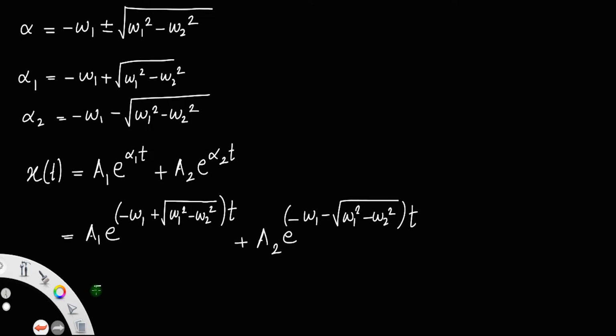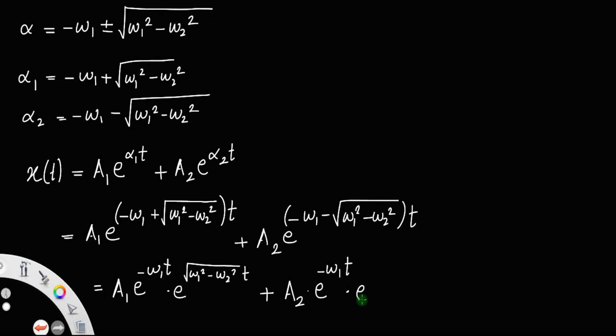Clear. So this can be written as a1 e raised to, you can separately write this, e raised to minus omega 1 t into e raised to root of omega 1 square minus omega 2 square t, plus a2 into, here also it is e raised to minus omega 1 t into e raised to minus root of omega 1 square minus omega 2 square t.